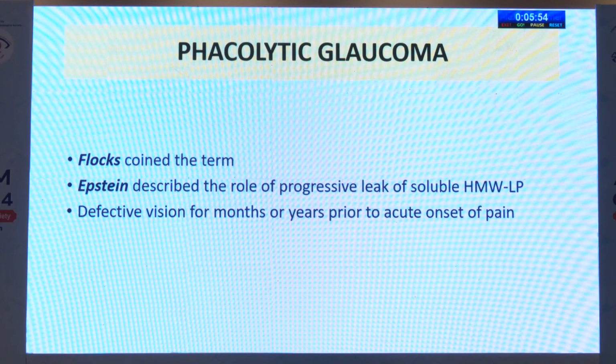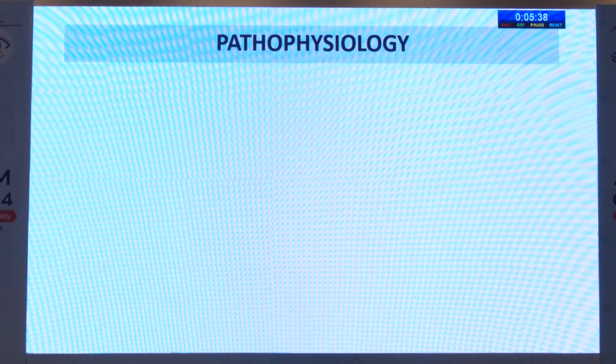The patient many times comes and says that he developed a sudden pain or headache or redness in the last 3-4 days, but the process might have continued for a longer duration.